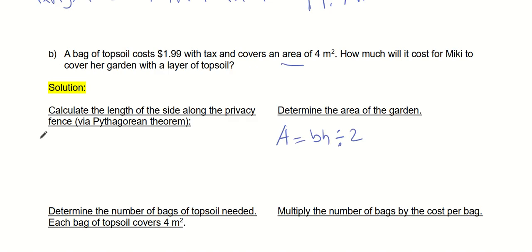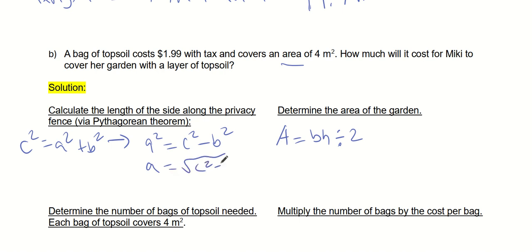If you remember Pythagoras theorem, it's c squared equals a squared plus b squared. That's Pythagoras theorem. But if you had to isolate for a, a squared equals c squared minus b squared, and then you root it, so a equals the root of c squared minus b squared, and that's basically how you find that part there.